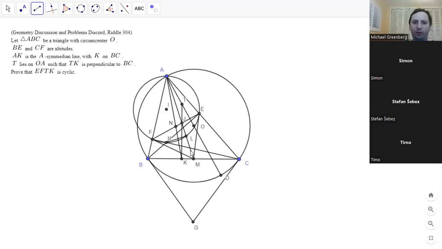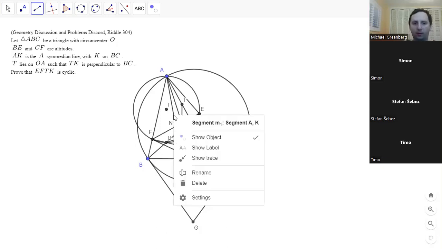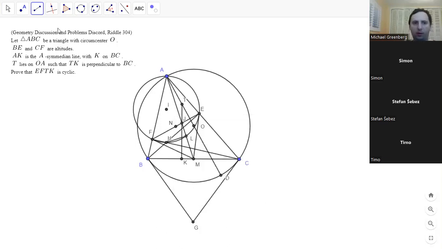Wait, sorry, say that one more time. So M is the midpoint of BC, and N is the midpoint of EF. We wanted to prove that N is the midpoint of EF, right? We define N as the midpoint. Oh, okay. Then MN is perpendicular to EF. Yeah. Okay.